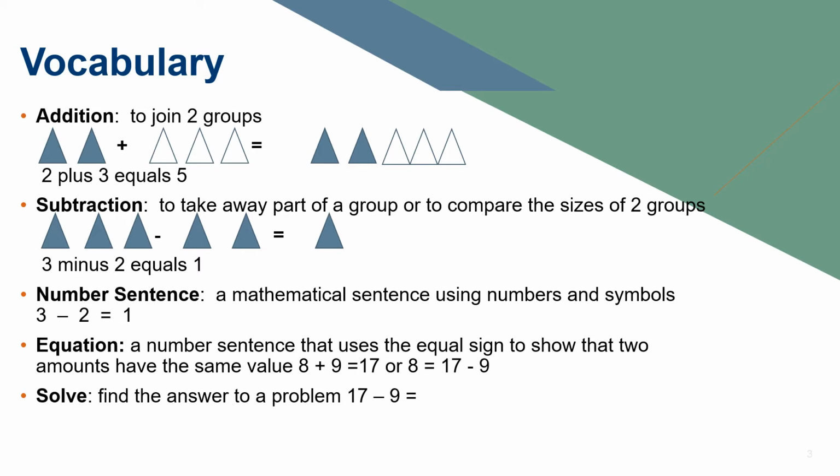Number sentence, a mathematical sentence using numbers and symbols. 3 minus 2 equals 1. Equations, a number sentence that uses the equal sign to show that 2 amounts have the same value. 8 plus 9 equals 17, or 8 equals 17 minus 9. Solve, find the answers to a problem. 17 minus 9 equals. So in our lessons, we're going to be solving word problems.